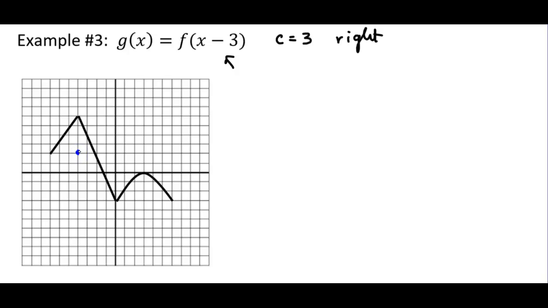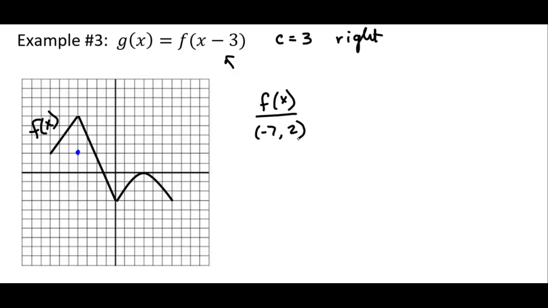So what that means is, in f of x, I have the point -7, comma, 2. Okay, that's an ordered pair.